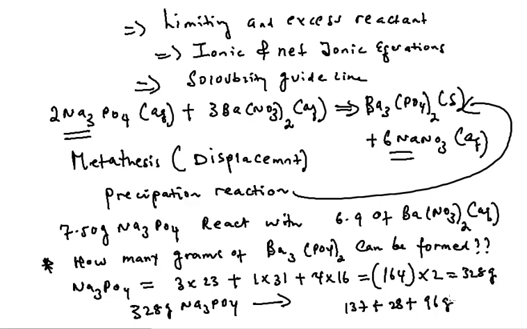Okay, so it's going to be 137 plus 28 plus 96, which is 261 grams of barium nitrate. Okay, so let's clean up this, and then I'm going to go to the next slide.